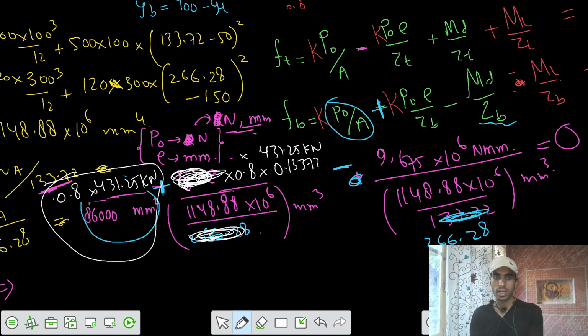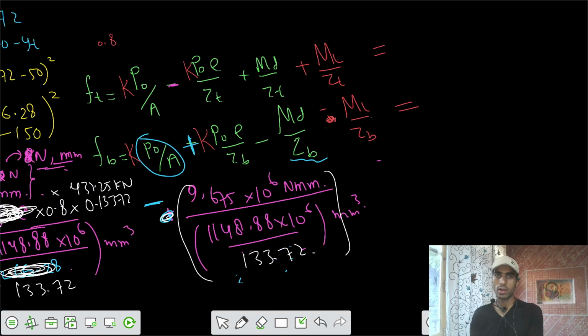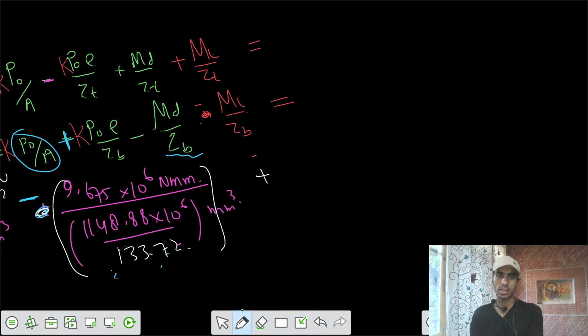We have to replace this as Z top for the first case, that means 133.72, and similarly here, 133.72. This is the effect of dead load. We have to add the live load also. So that's plus M live.